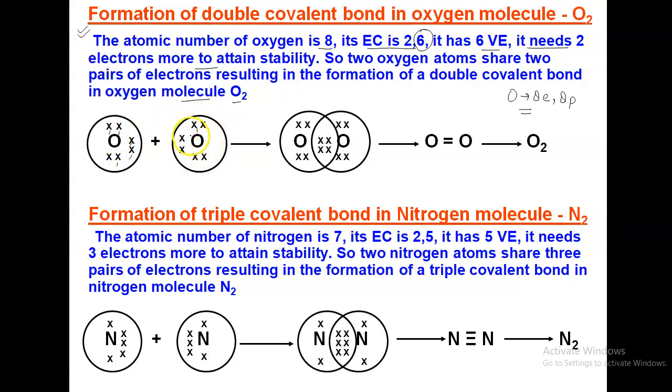So they both decided to share this pair. This oxygen shares this pair, and this also shares this pair. Now this oxygen gains 8 electrons in total, and this also gains 8 electrons in total. So this molecule becomes highly stable.